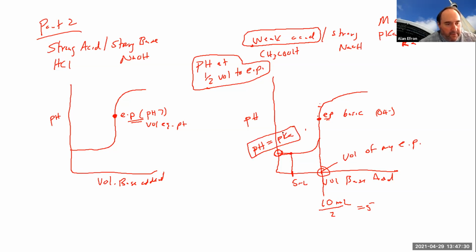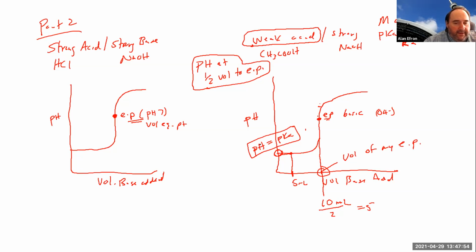So that's why I said earlier, when you're doing titration curves, the front part of the curve is really important to have a good amount of points, just like knowing where your equivalence point is. It's because we need to go from where our equivalence point is in terms of the volume to half that volume to get to our pKa value.